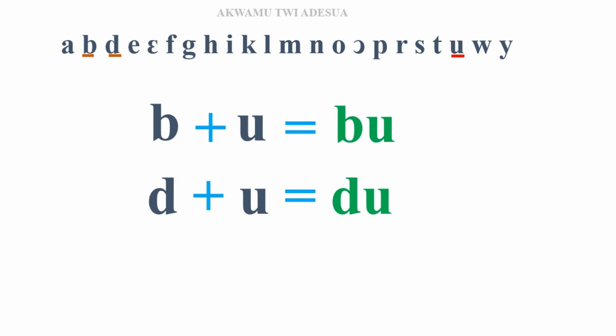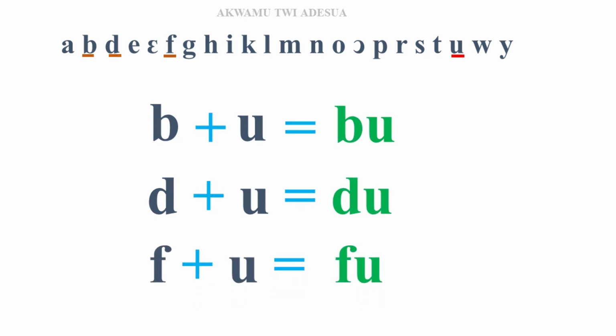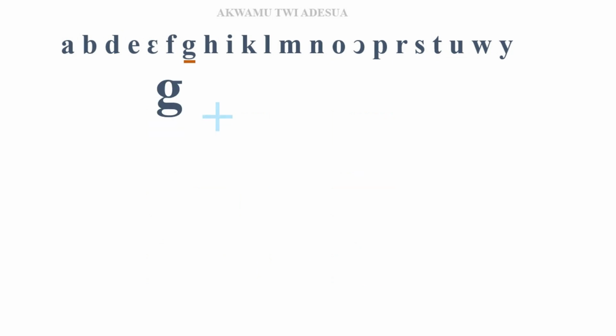D plus U will give us Du. F plus U will give us Fu. G plus U will also give us Gu.